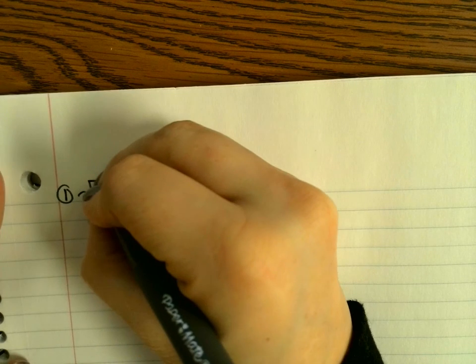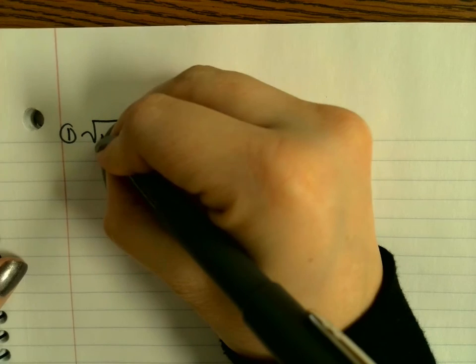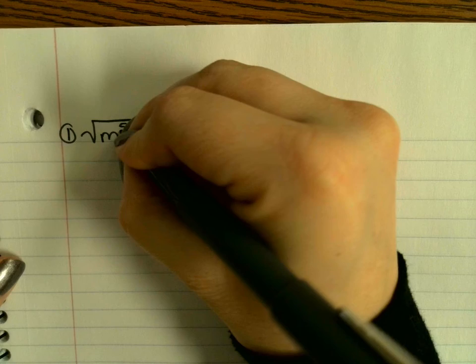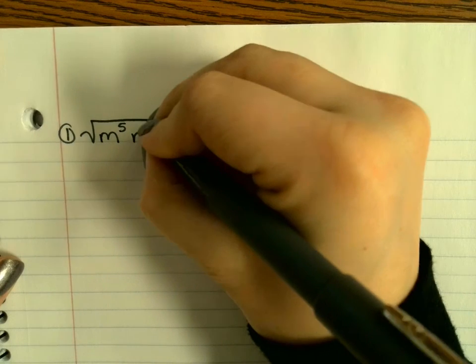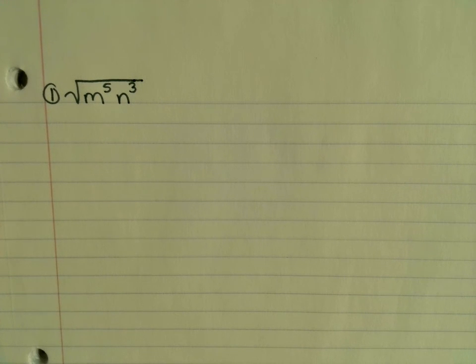Okay, for problem number 1, I'm going to read them out as I write them. It's the square root symbol, and you have m to the 5th power, n to the 3rd power.